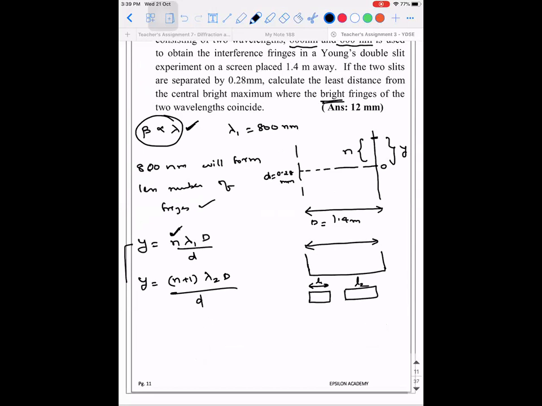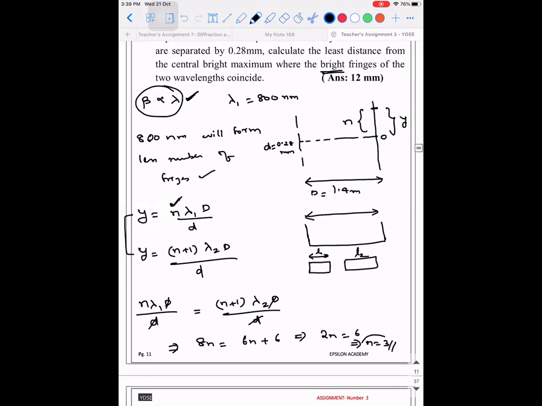Since the left hand sides are equal, we can write n lambda 1 into capital D by d is equal to (n plus 1) into lambda 2 into capital D by d. So this and this will get cancelled. So n is, can I write 8n is equal to 6n plus 6, which implies 2n is equal to 6 and n is equal to 3. Why I wrote 8n is because 800 and 600, the zeros will get cancelled. So n is equal to 3.